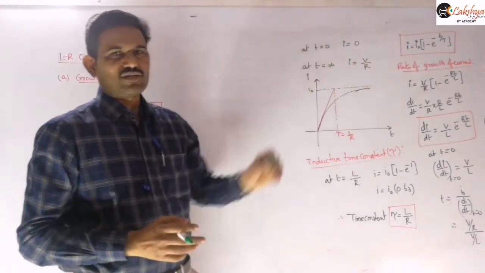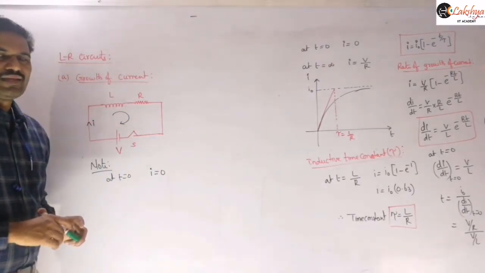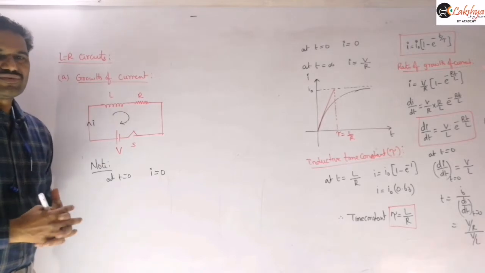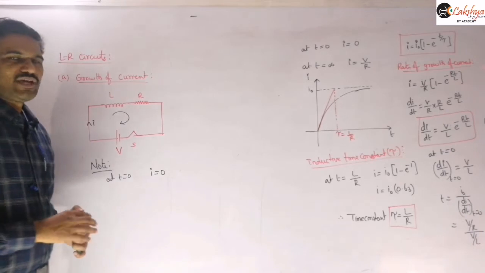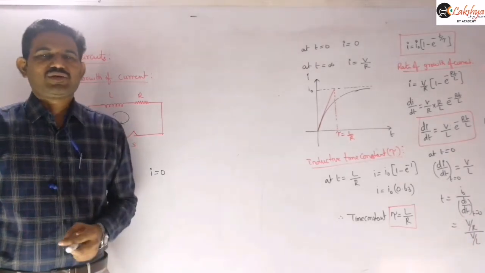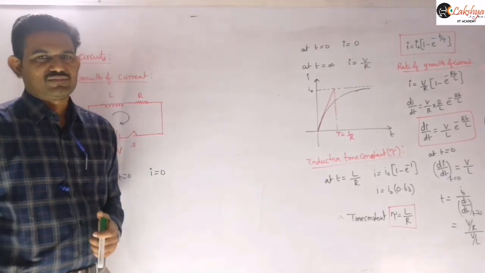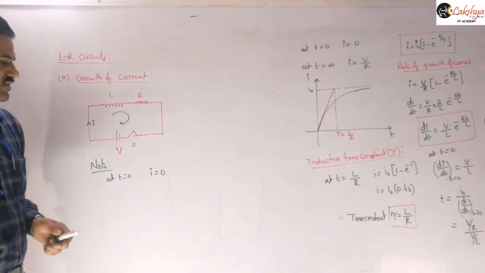By that equation, at t is equal to 0, I is equal to 0. That is, just after closing the switch, inductor behaves as open circuit, right? So that it does not allow any current there. Open circuit in the sense.